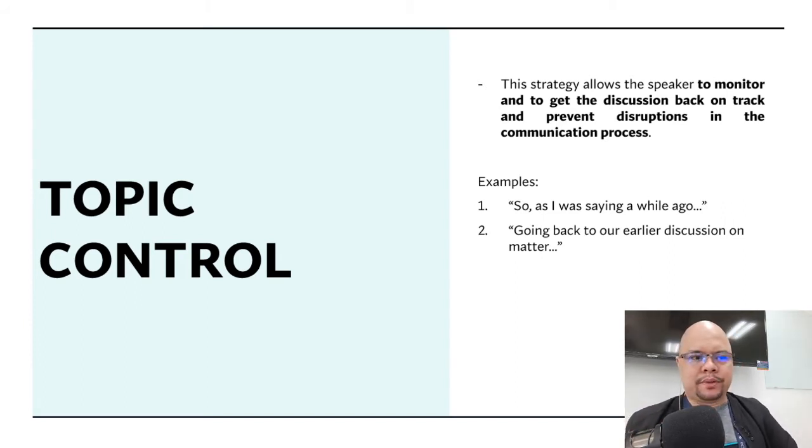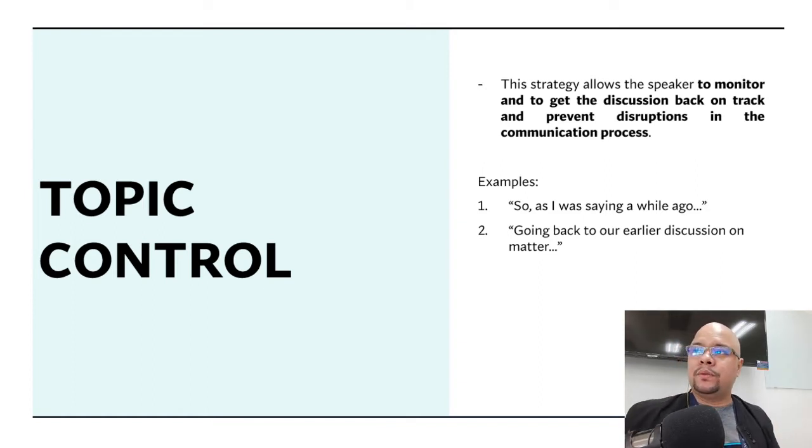A few examples. So, "As I was saying a while ago," okay, this is a marker. When this statement is said, this means that the speaker is trying to move back into the original topic because at some point the discussion got sidetracked. Second, "Going back to our earlier discussion on the matter."